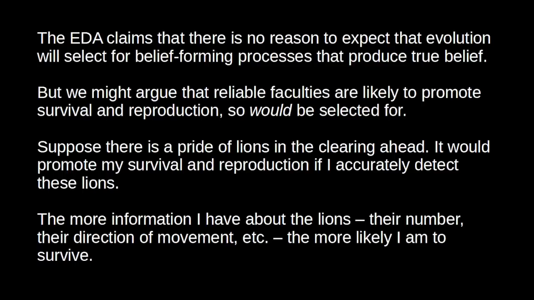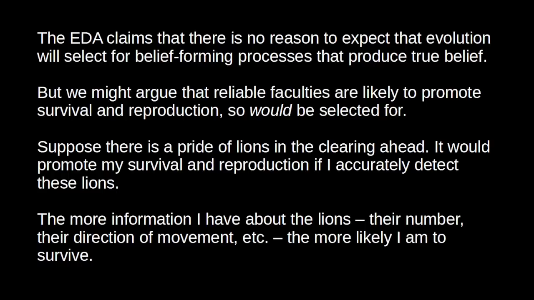Detecting a threat is going to be useful because that allows me to execute some strategy of retreat or avoidance or whatever. Even more useful would be to detect the exact nature of the threat. So if I detect that the threat is a predator, if I detect how many predators there are, if I detect in what direction the predators are moving and so on, the more information I have, the more that will support more complex strategies to avoid the threat.